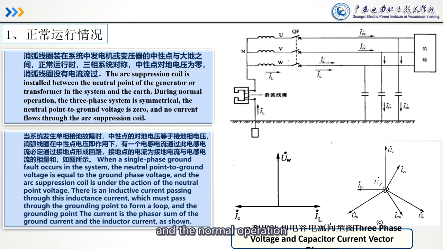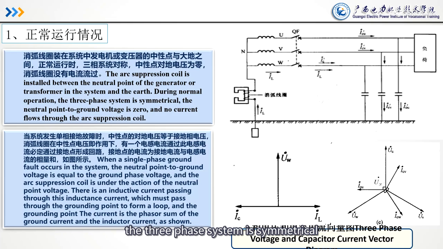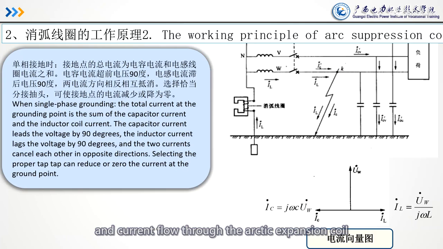In normal operation, the arc suppression coil is installed between the neutral point of the generator or transformer in the system and the earth. During normal operation, the three-phase system is symmetrical and the neutral point to ground voltage is zero, so no current flows through the arc suppression coil.